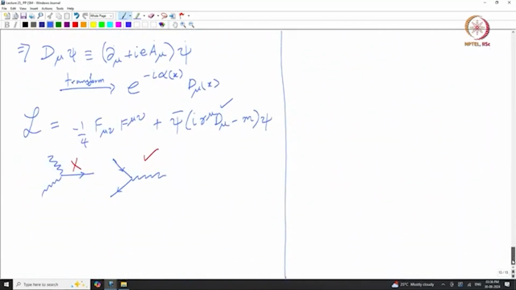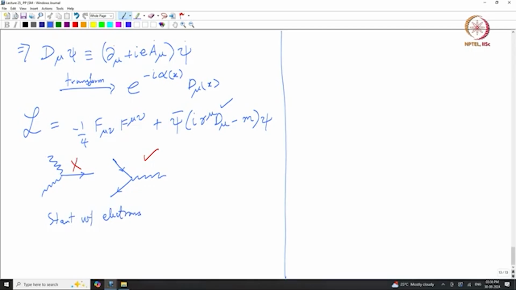But really the way to think about it, this is my favorite way of thinking about it, is you can start with a theory of electrons, or a theory of charged scalars. So start with electrons, you can always do that, right.